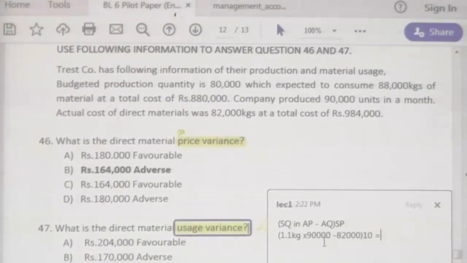According to the standard, 1 unit requires 1.1, so you must consume 99,000 units, but you consumed only 82,000. You saved 17,000 units at 10 rupees, so you save 170,000 rupees. That is favorable. Answer: 170,000 favorable.